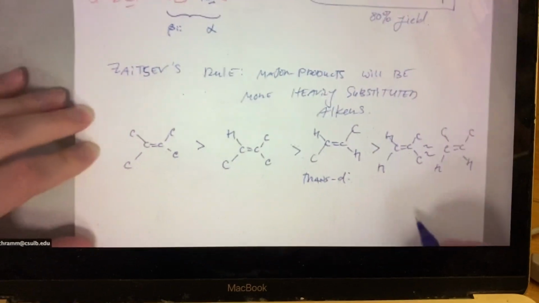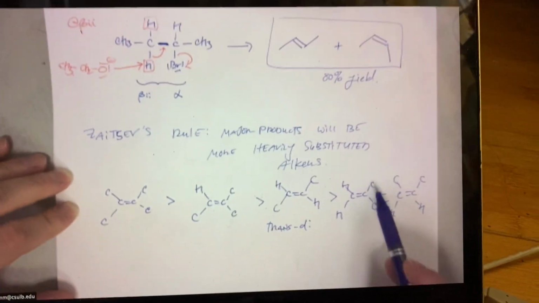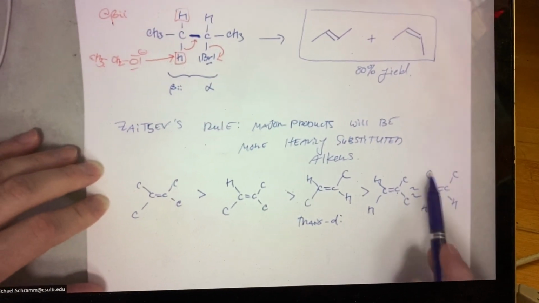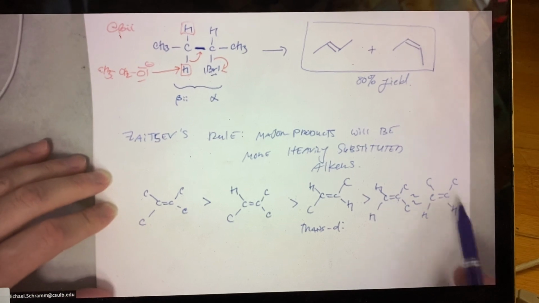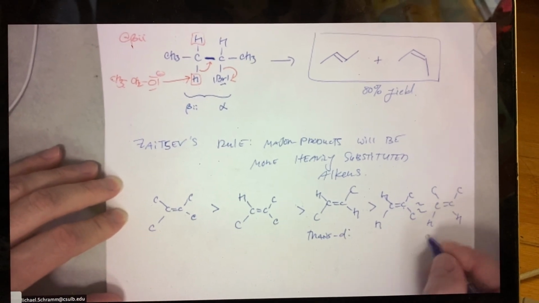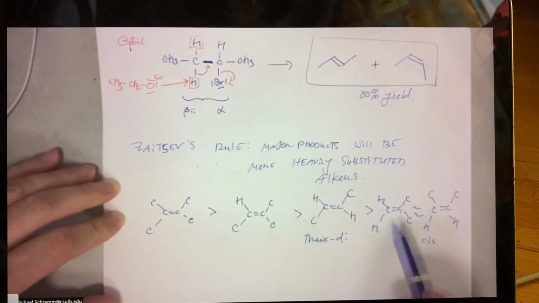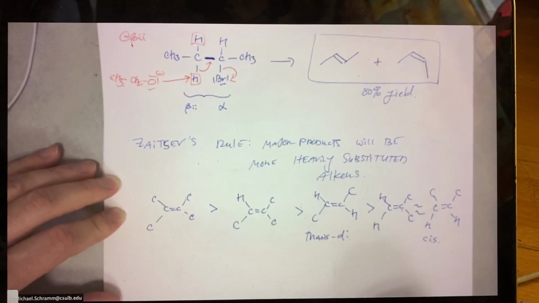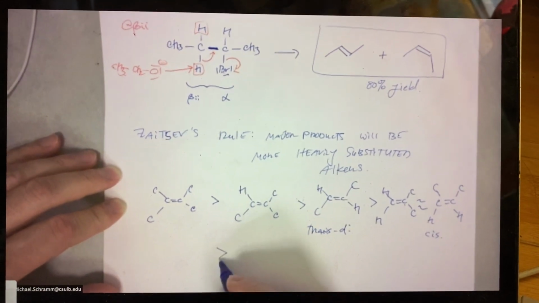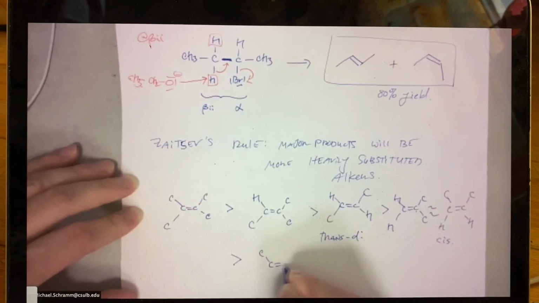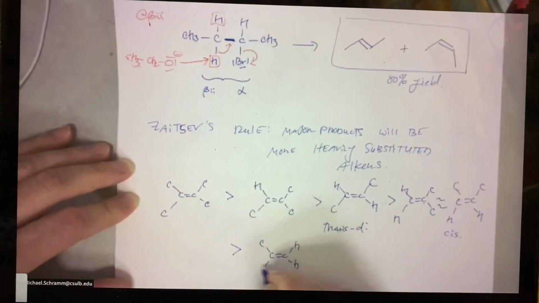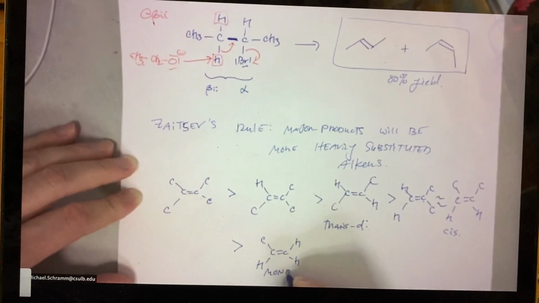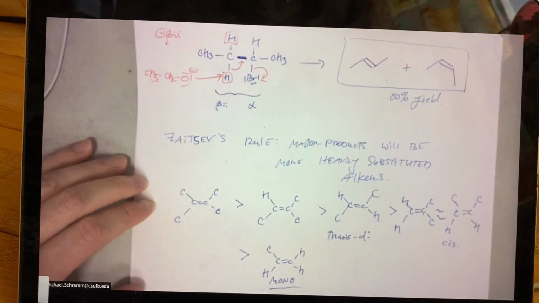So these 2 patterns are both disubstituted. One's geminal, meaning both carbons are attached to the same carbon. This one is cis, we know from the distinction between cis and trans. And those are roughly the same stability. This one is more stable. And then the last one I didn't really have enough space for, but that would be monosubstituted, where we have 3 hydrogens but only 1 carbon.